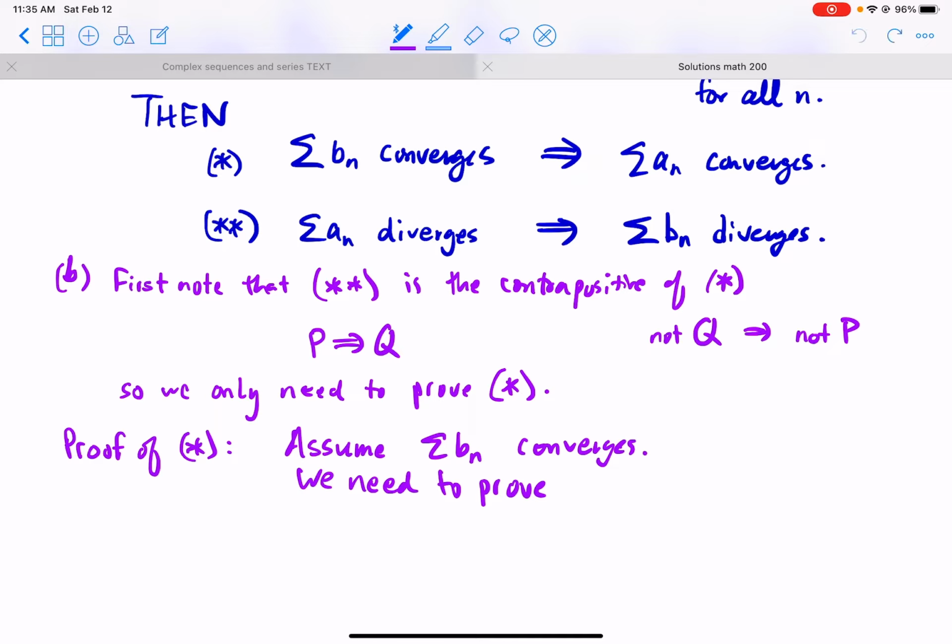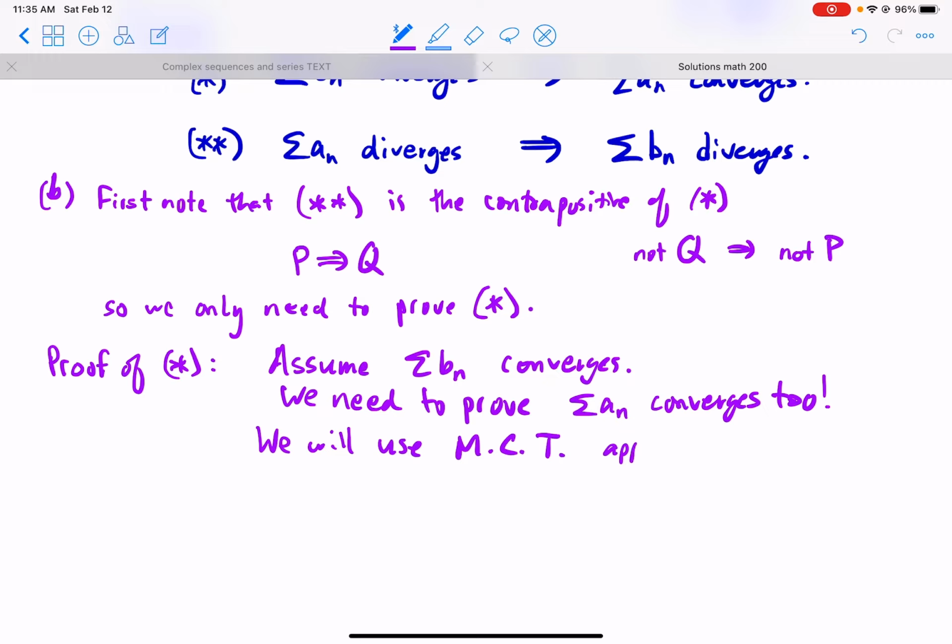We need to prove that the a_n's converge, that this infinite sum converges too. Okay, the strategy: we will use the monotone convergence theorem applied to the sequence of partial sums. So we want to prove that the a_n's converge, so let's look at their sums.